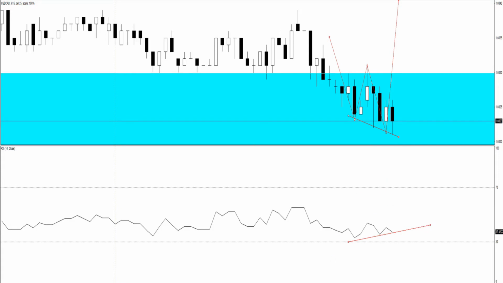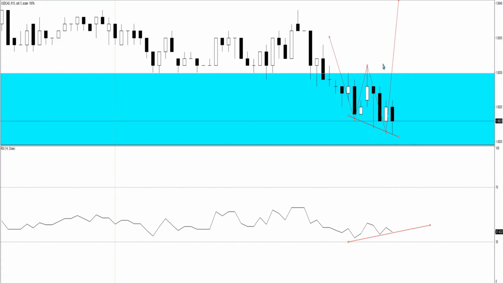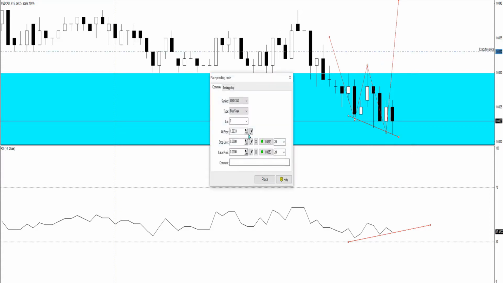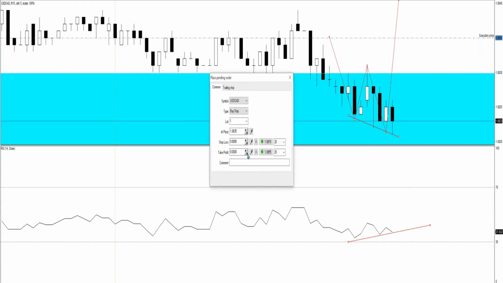So as long as this remains the same, we can place our buy stop order there. Let's do that now. It's 3 pips or 3 to 10 pips above that area is where we want to place our buy stop order. So let's be prudent and place it up there.